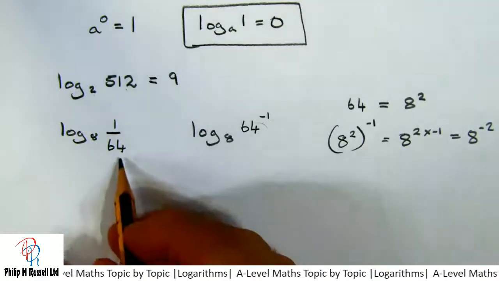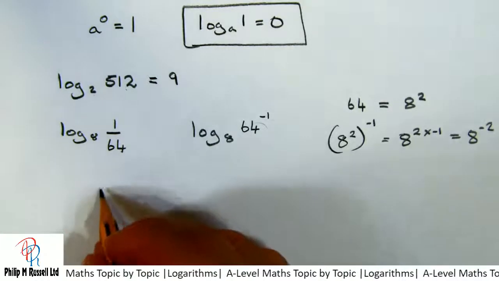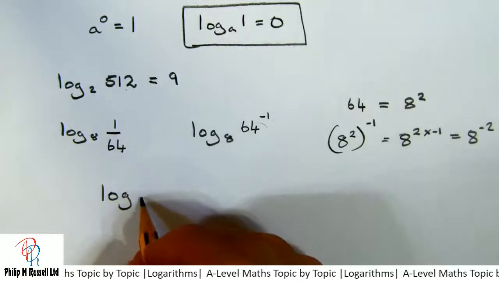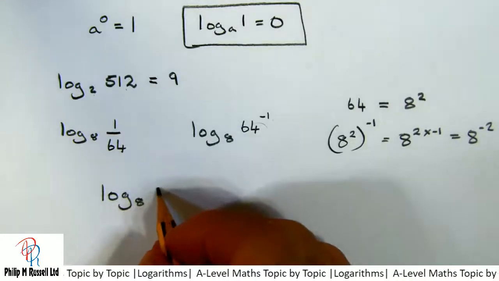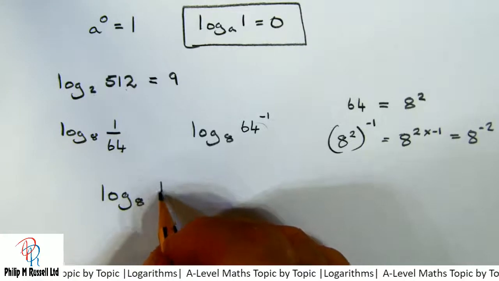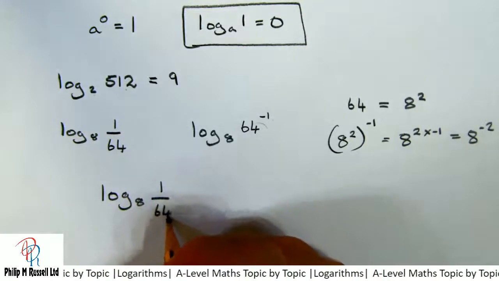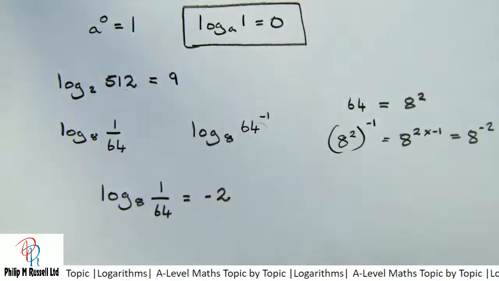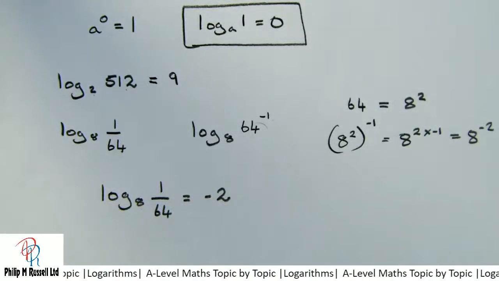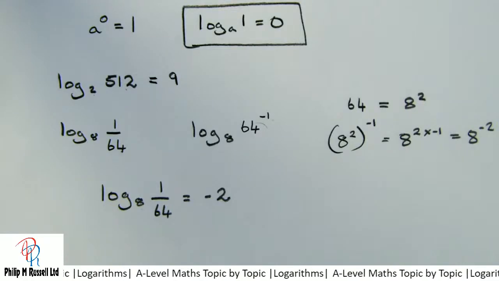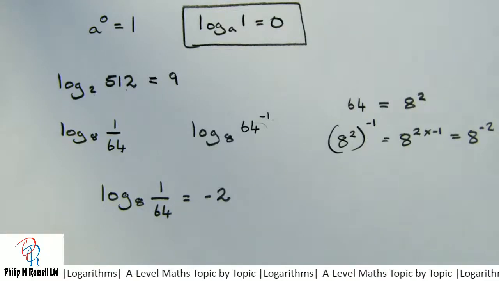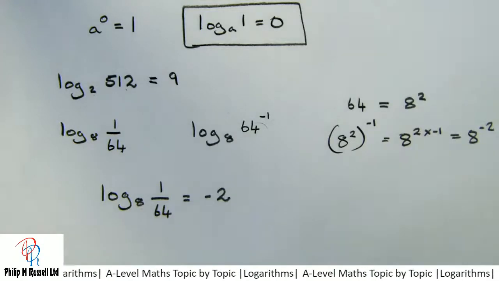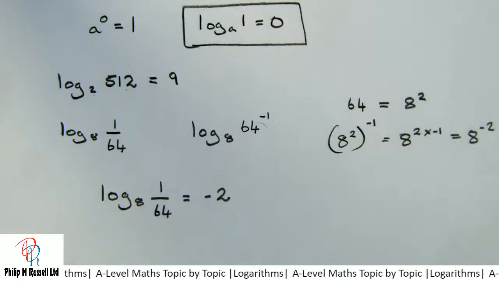So I know, using indices then, that log to the base 8 of 1 over 64 will equal minus 2.